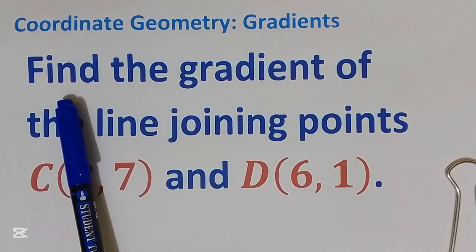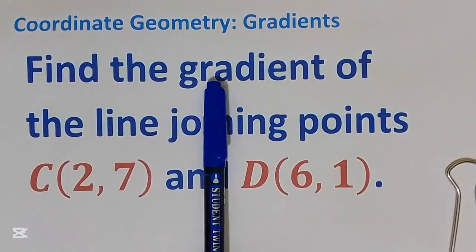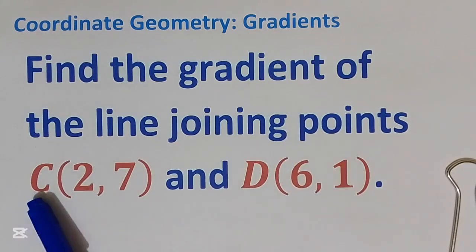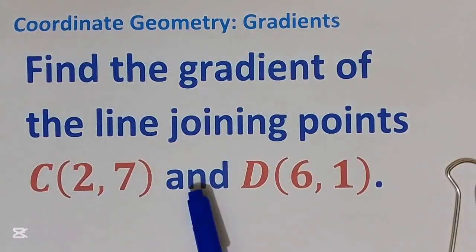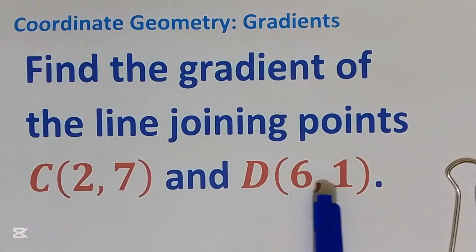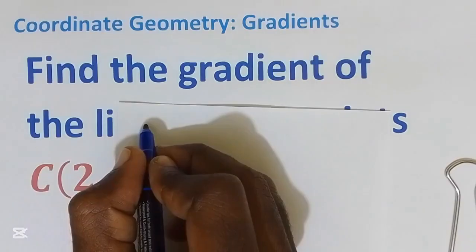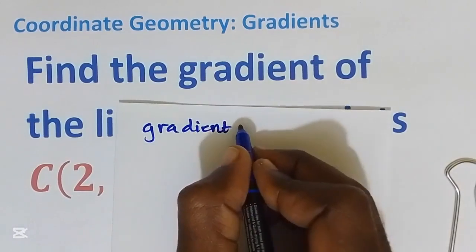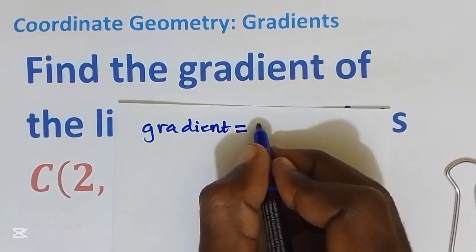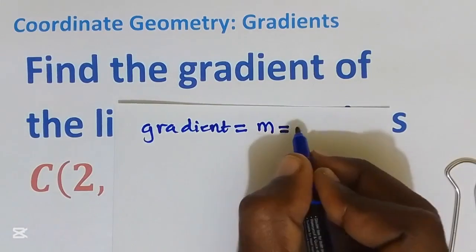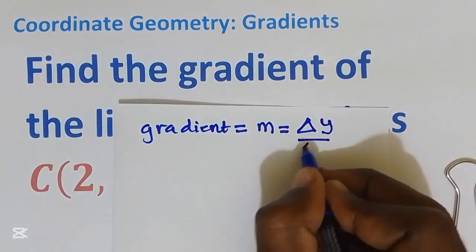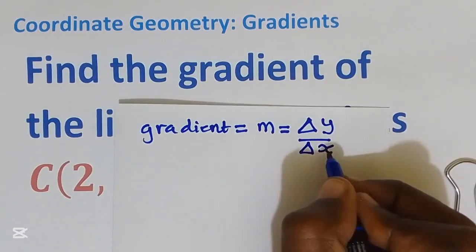The question says, find the gradient of the line joining points C (2,7) and D (6,1). The gradient of a line is usually given by m. This is equal to change in y over change in x.